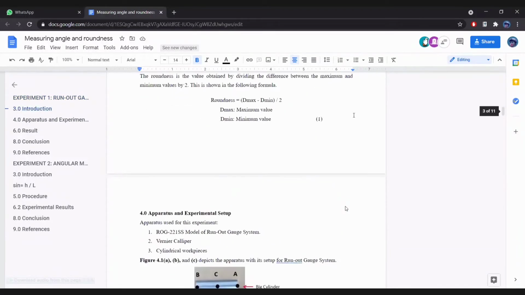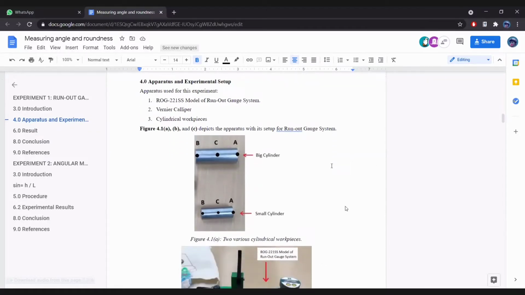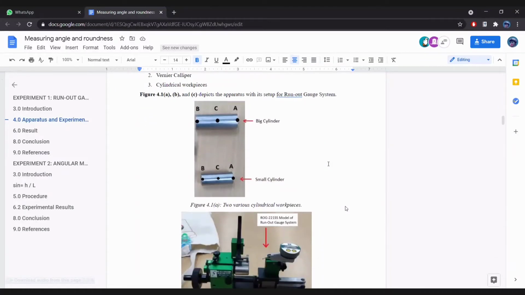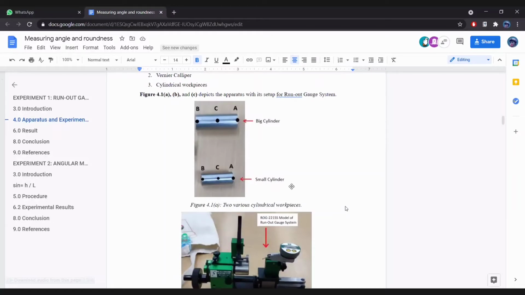For the apparatus used in the experiment, this includes the ROG221 SS model of runout gauge system, secondly the vernier caliper, and the last one is the cylindrical workpiece. As you can see here in figure 4.1 a, b and c, this is the apparatus with its setup for the runout gauge system.